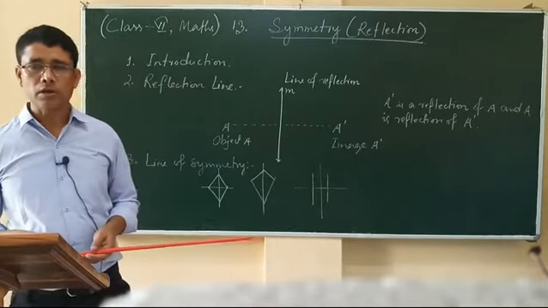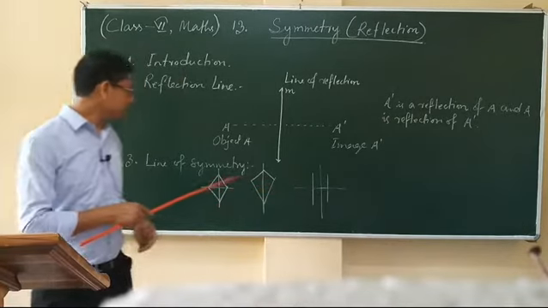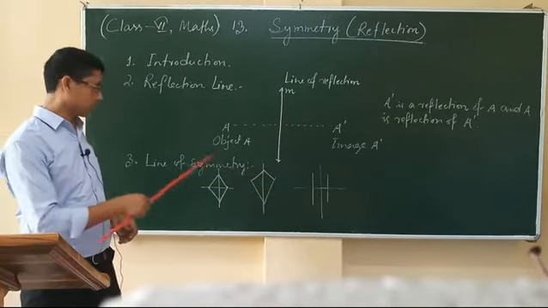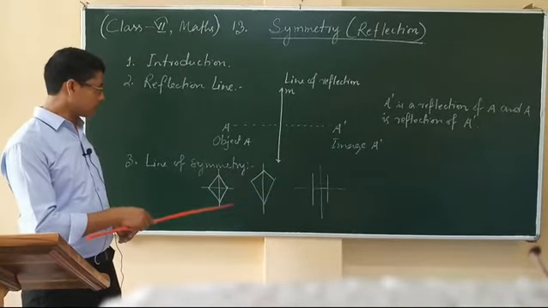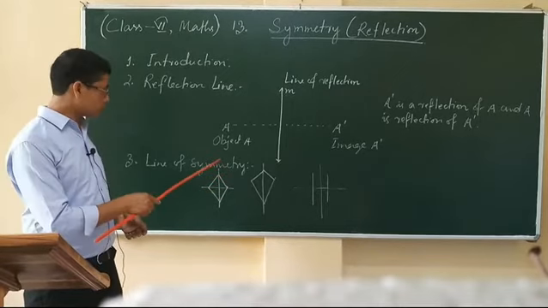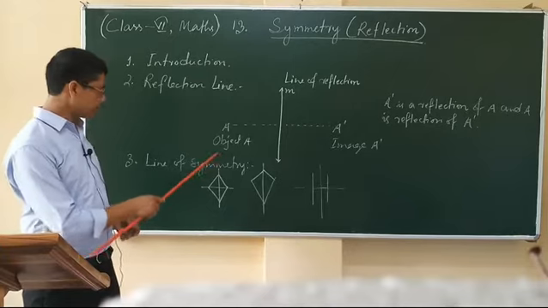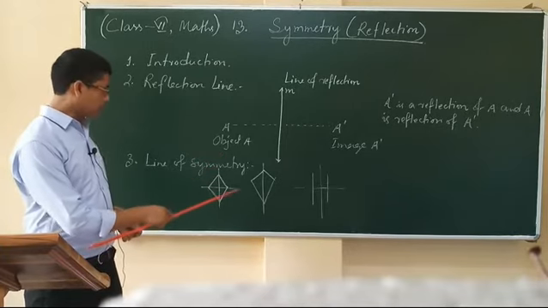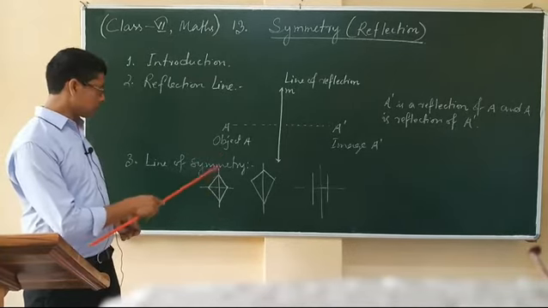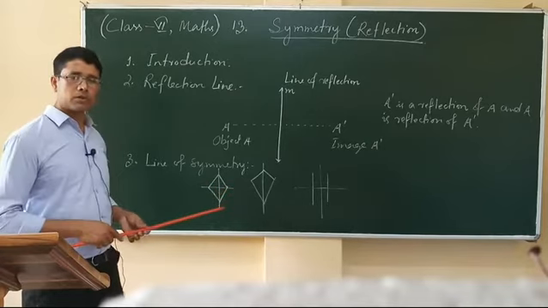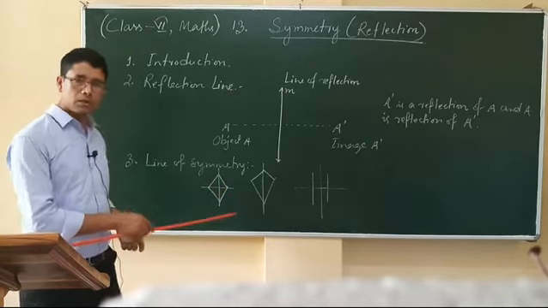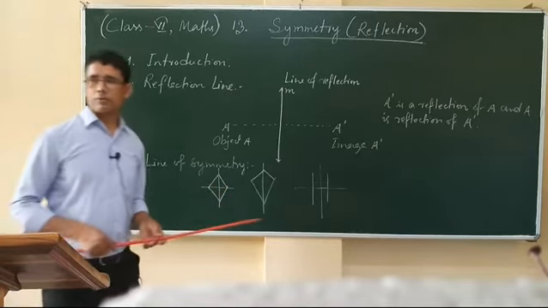Now, a figure can have 1, 2, 3 or more lines of symmetry, or sometimes no line of symmetry at all. Here you see, just for example, this is a figure. I can divide this figure into two identical halves in two different ways, vertically and horizontally. That means this figure has two lines of symmetry, a vertical line of symmetry and a horizontal line of symmetry.